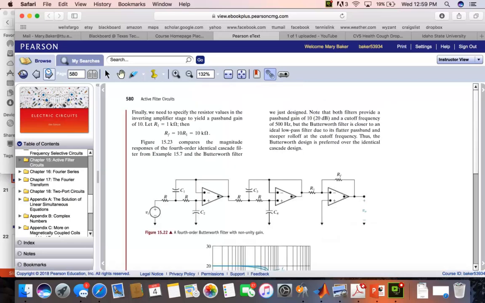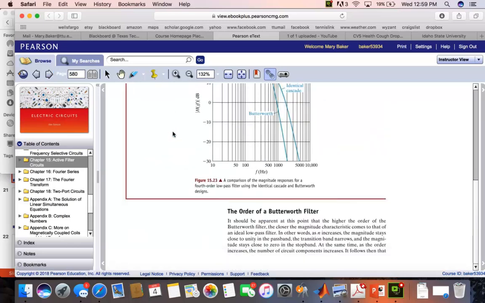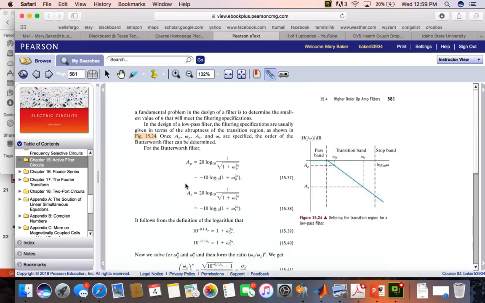The next thing that I want to talk about is a little bit more of a design problem, and that is a lot of times you won't necessarily be told a specific filter order, but you'll be given a set of specifications on how rapidly you want to attenuate your gain in the transition band.